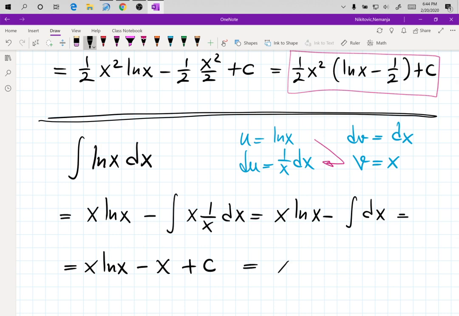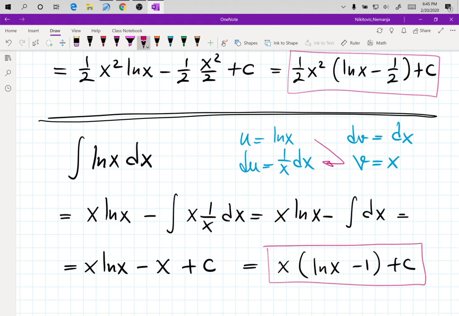We factor out x: ln x minus 1 plus c. And now you know what the integral of ln is. Derivative of ln is 1 over x. Integral of ln is x, open parenthesis, ln x minus 1.